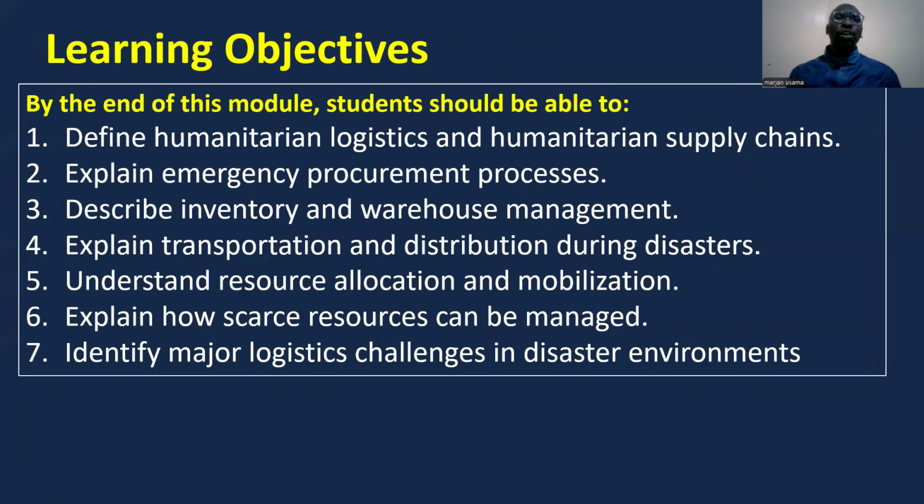So by the end of this module, you should be able to, number one, define humanitarian logistics and humanitarian supply chains, explain emergency procurement processes, describe inventory and warehouse management, explain transportation and distribution during disasters, understand resource allocation and mobilization, explain how scarce resources can be managed. Then lastly, identify major logistics challenges in disaster environment.